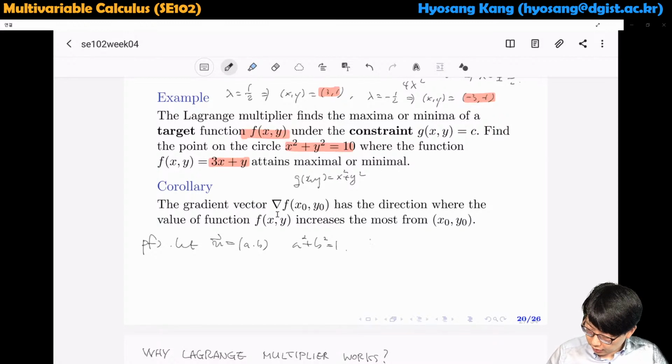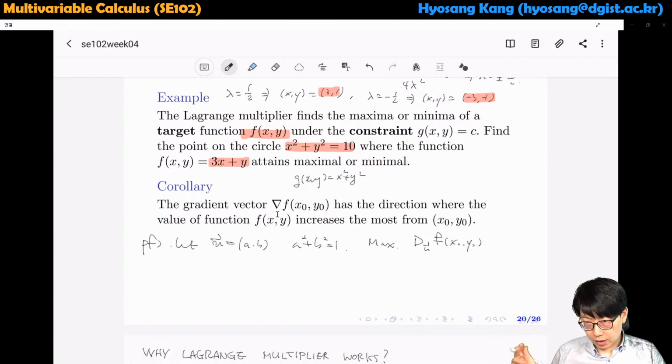So I want to maximize the directional derivative at x0 and y0. Now, although the function f is a function of x and y, our objective is to find a and b which maximize this directional derivative. So (a, b) becomes the variable that we have to find, and this becomes the constraint, and this becomes the target function.